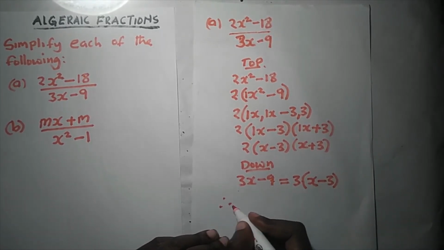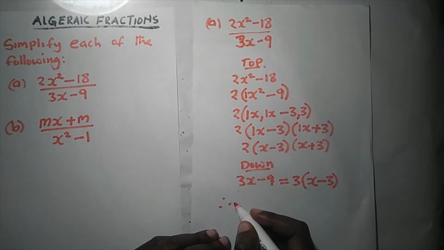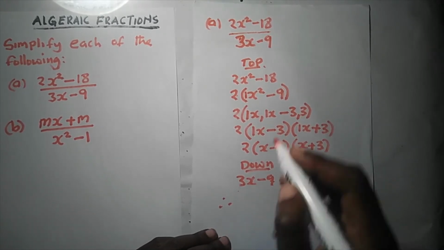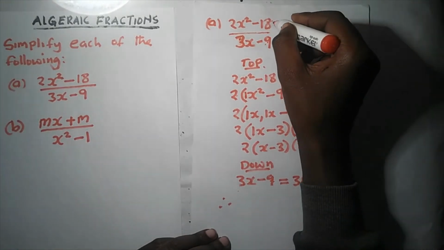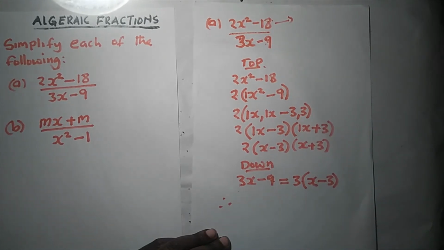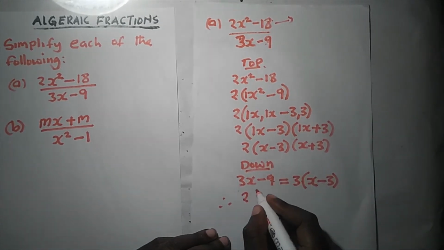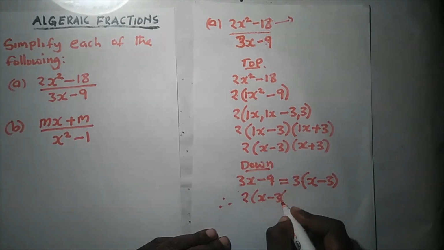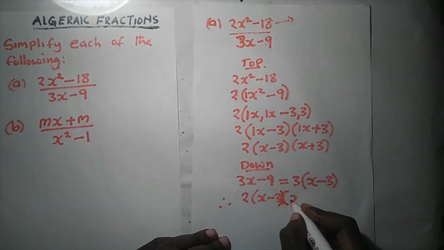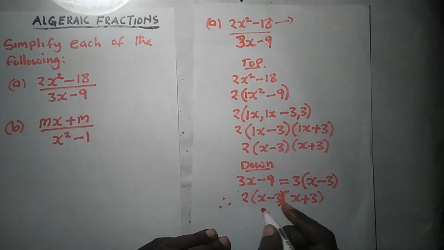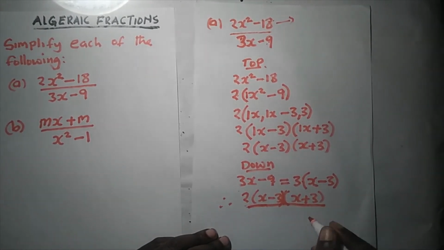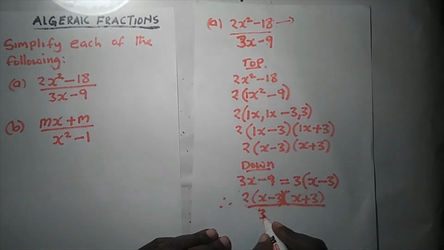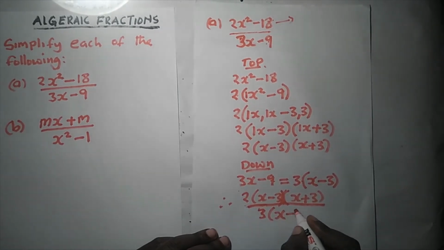Therefore, to simplify the expression now, we are going to replace these two with the factorized forms. The top part was factorized as 2 times x minus 3 and x plus 3, over the down part. The down part is 3 times x minus 3.